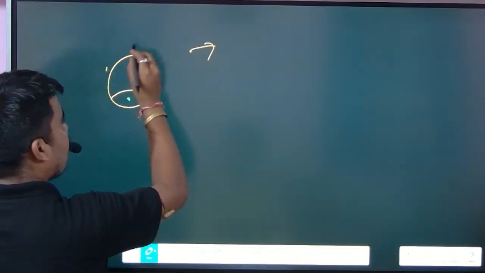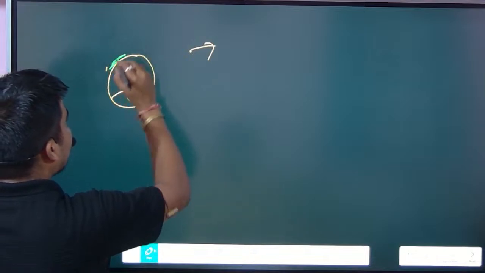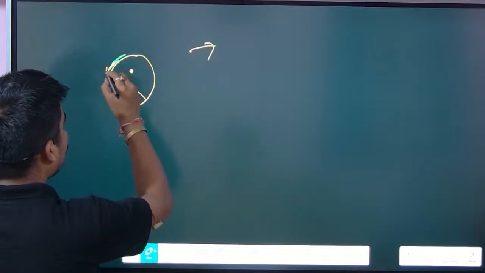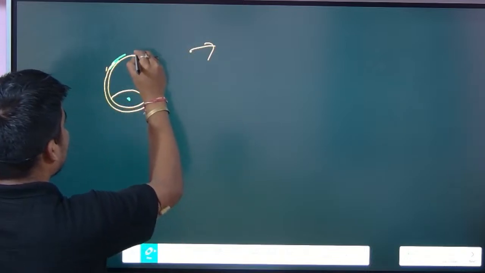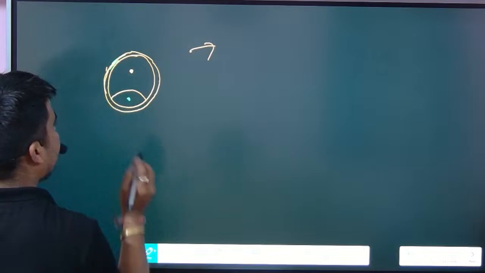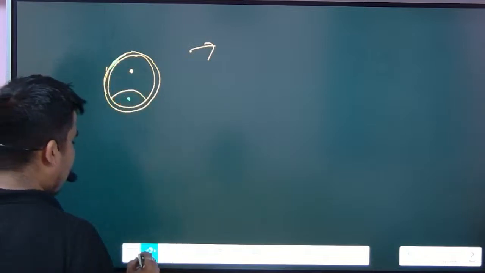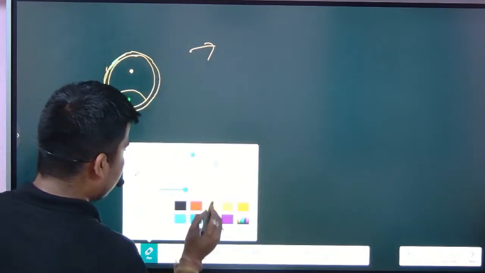So there are basically two layers. It's a layer, and there is another layer.